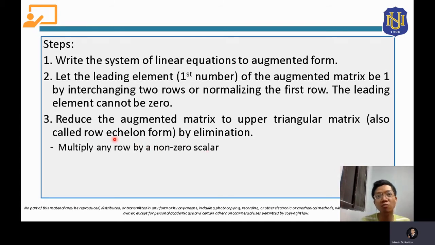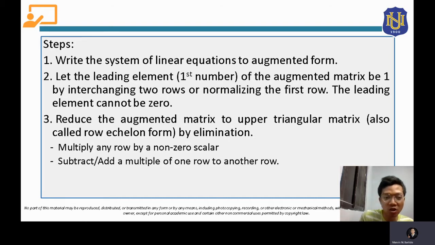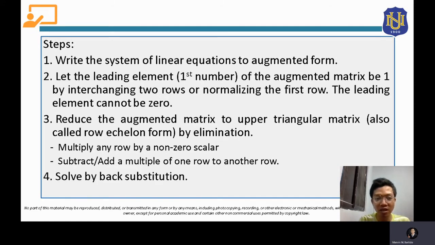In this case, we can multiply the normalized first row by the coefficient of the other rows, and then subtract or add that row so that the entries can be cancelled. Once we have reduced the augmented matrix to an upper triangular matrix, we can now solve by back substitution.